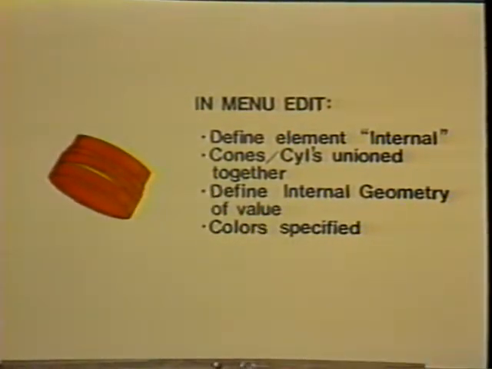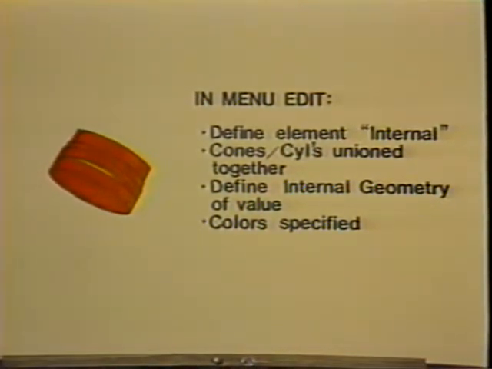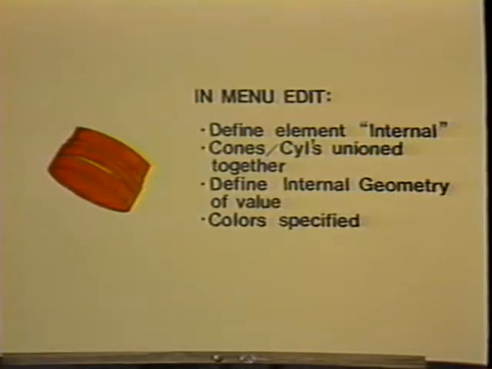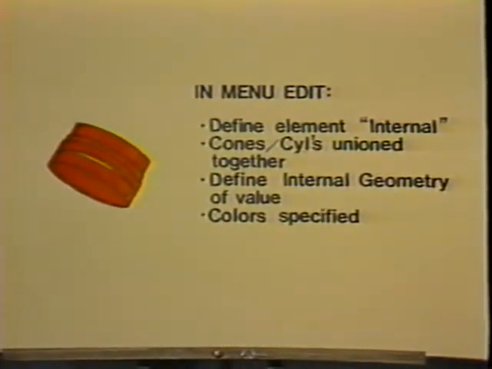Then, using the command intersect, I will subtract the mass that you see here from the object that you just saw previously to form the finished valve.